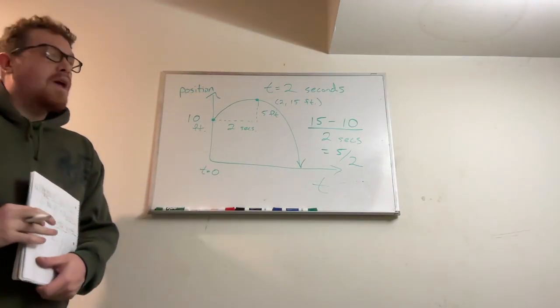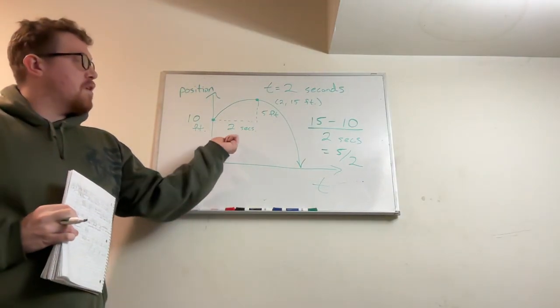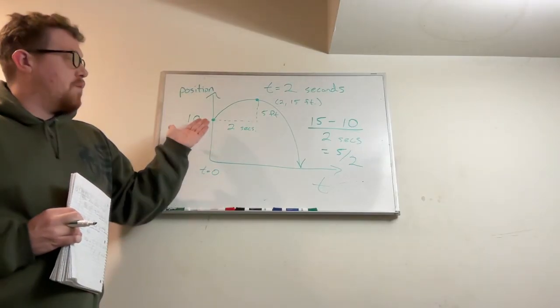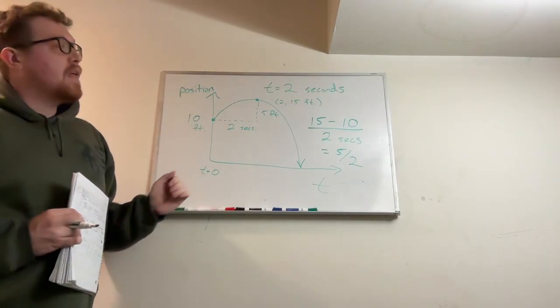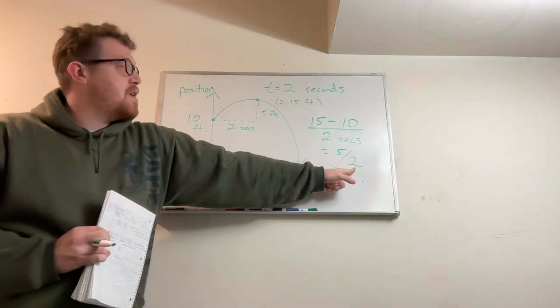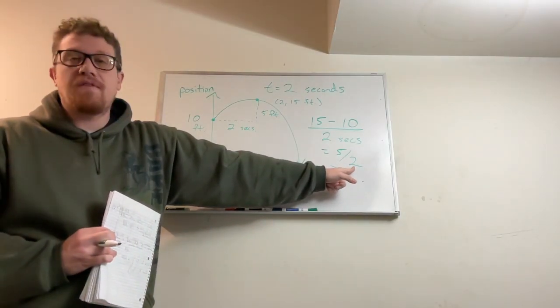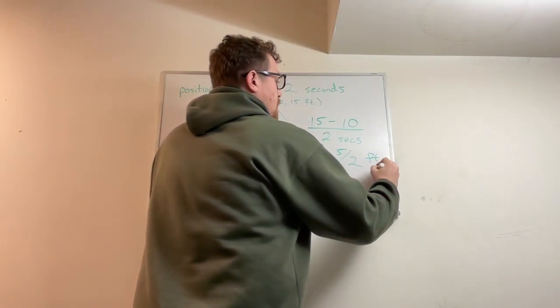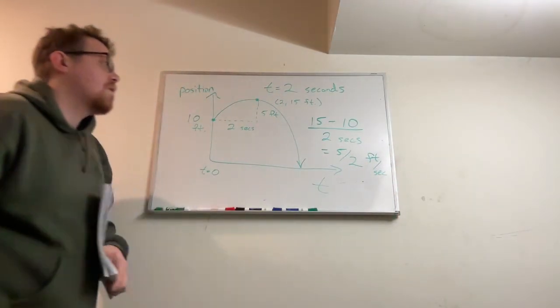Right? And that says that even though the particle wasn't traveling at a constant velocity when it traveled from here to its peak, it averaged a rate of 5/2 feet per second. Right?